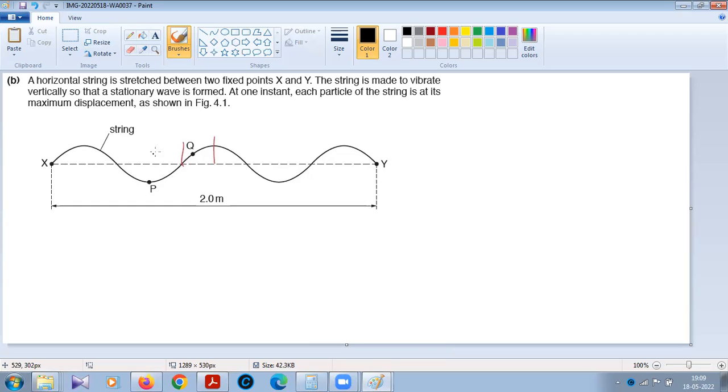See here what is given, point x and y. Can you just try to find the answer to this? See, this is going down, and this is going up. So that is why they are giving 180 degrees.